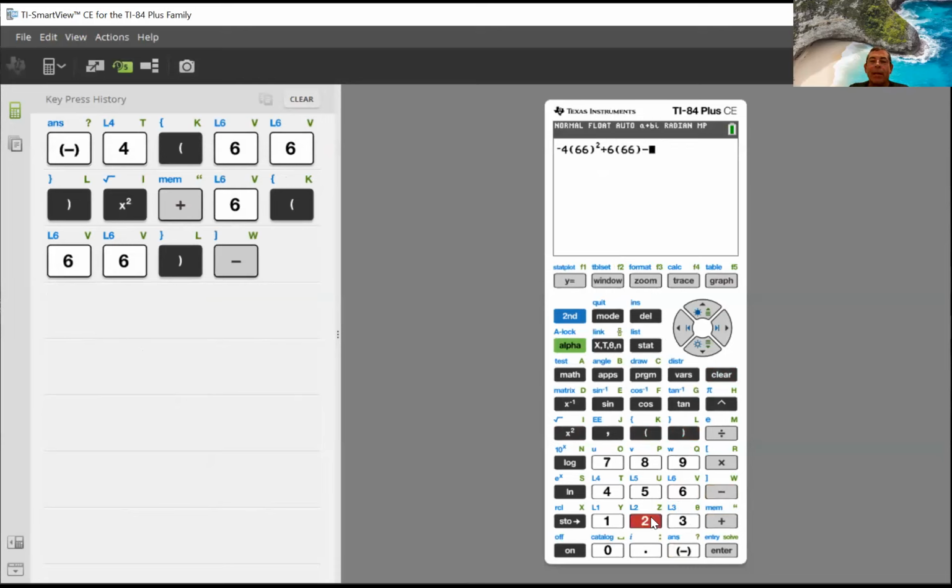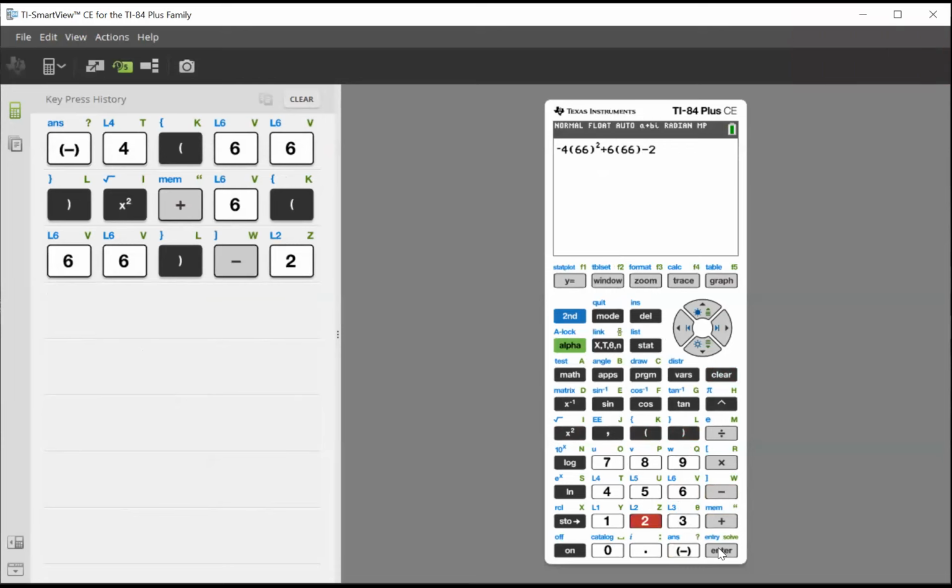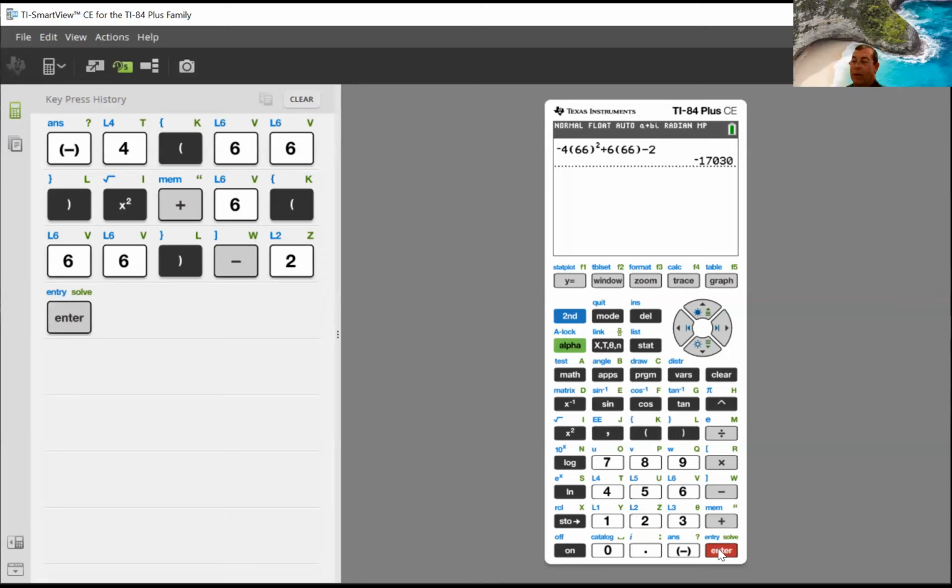So any of y'all punch that in? Yeah. Oh, does it look like what I got? Yes. Negative 17,030. Oh, yeah, 17,000. So there you go. Good job punching it in.